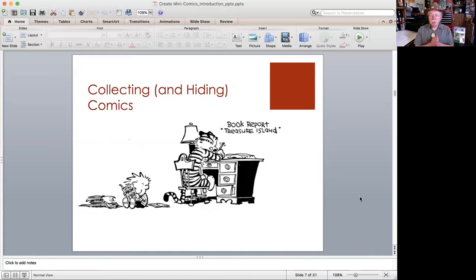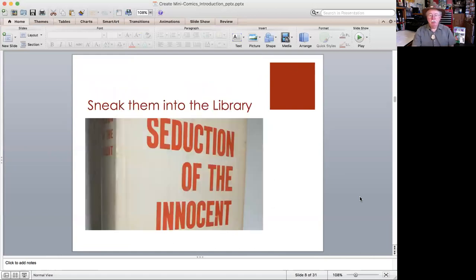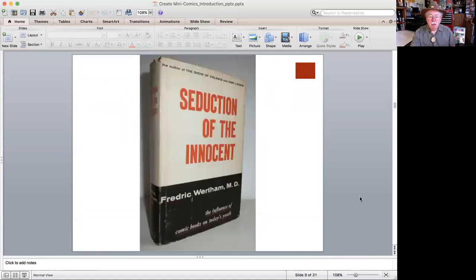But the reasons that comics were frowned upon by my mother, and by Mrs. Davenport in the story, and in school, was because of a book that was written in 1954 called Seduction of the Innocent. This book was written by a psychologist named Frederic Wertham.